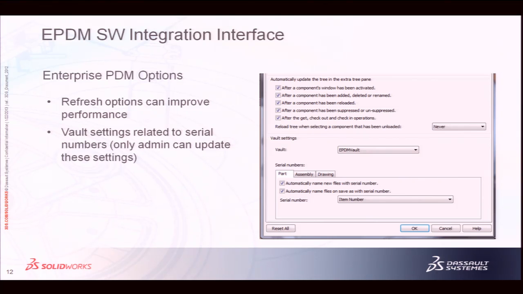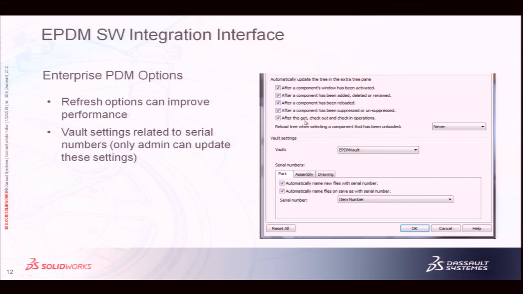So you have this big assembly open, and every 30 seconds or every time you insert a new component or rebuild, it's refreshing this tree and trying to retrieve this information from a server that's maybe halfway around the world. That may be a lot of traffic that you have to wait for. So you can uncheck these and it will turn off the amount of refresh.